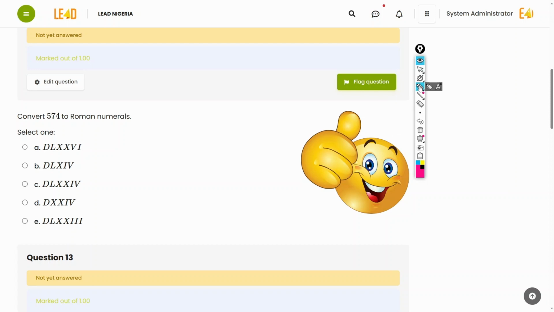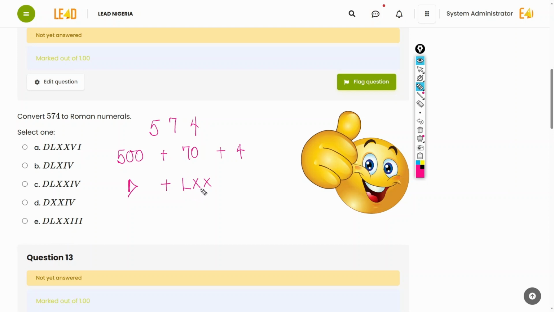Convert 574 to Roman numerals. 574. First, we write it in expanded form. It's going to be 500 plus 70 plus 4. So we can write out each one now. 500 is D, just D. 70 is LXX.